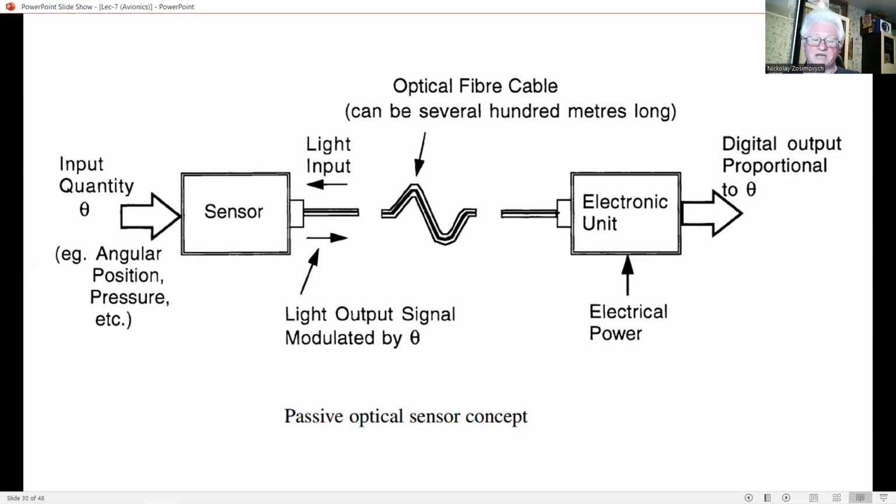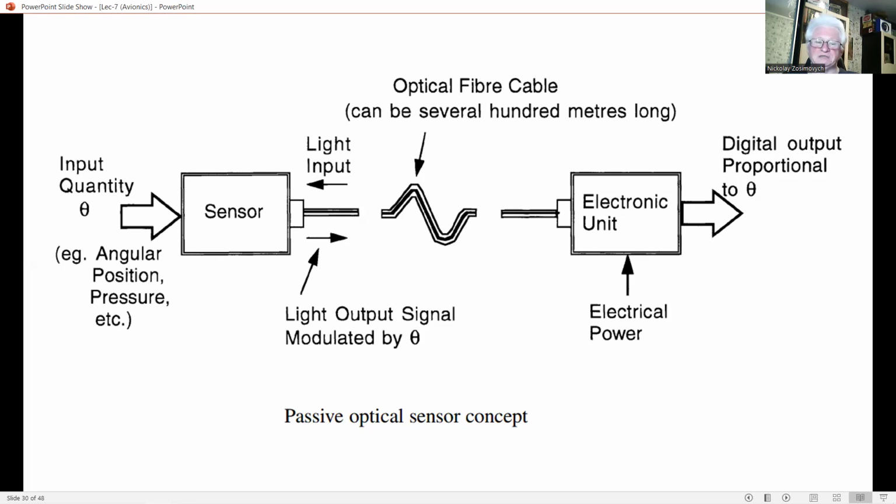The use of what are referred to as passive optical sensors offers particular advantages in such applications, as these sensors are not affected by EMI. Passive optical sensors are defined as sensors which do not require electrical supplies or any electronic processing at the sensor, the output of the sensor being an optical signal, which is modulated by the quantity being measured.